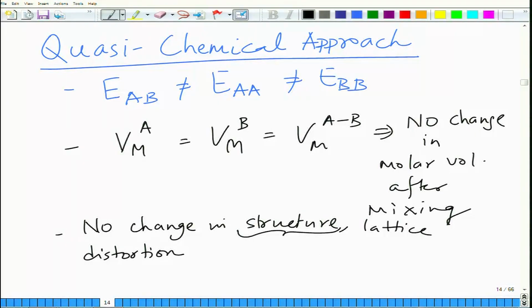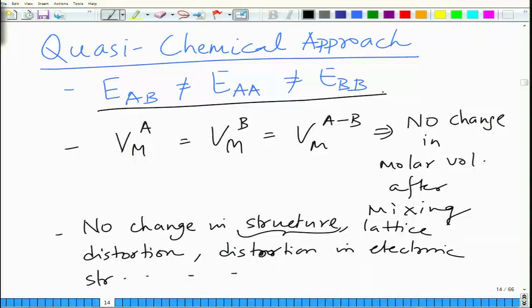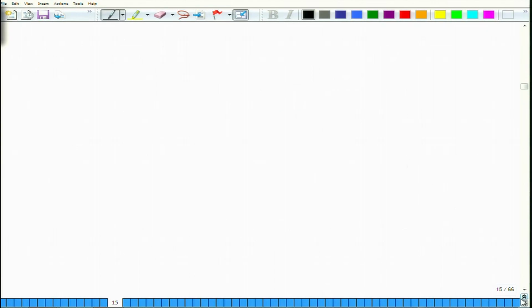I mean, there could be subtle variations within the cubic system itself, or you can have distortion in the electronic structure, etc., etc. So, basically we are again taking a slightly non-idealized situation, that is, these three bond energies are different; other than that it is still fairly ideal.